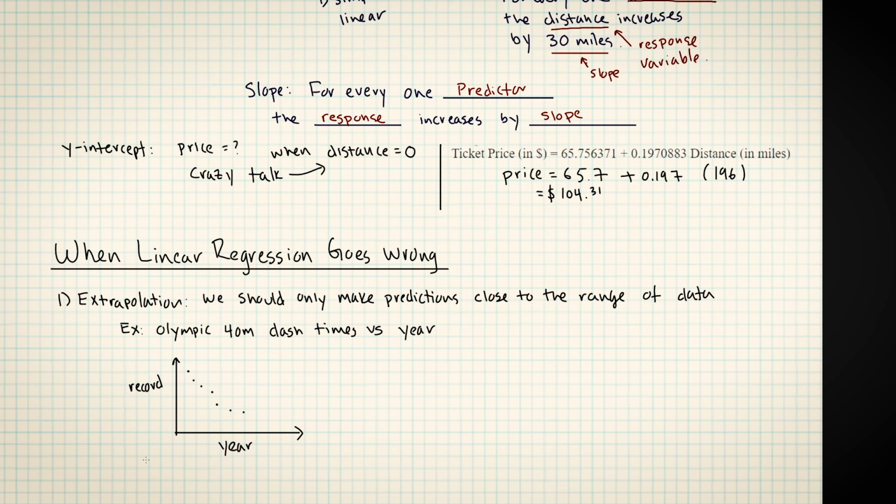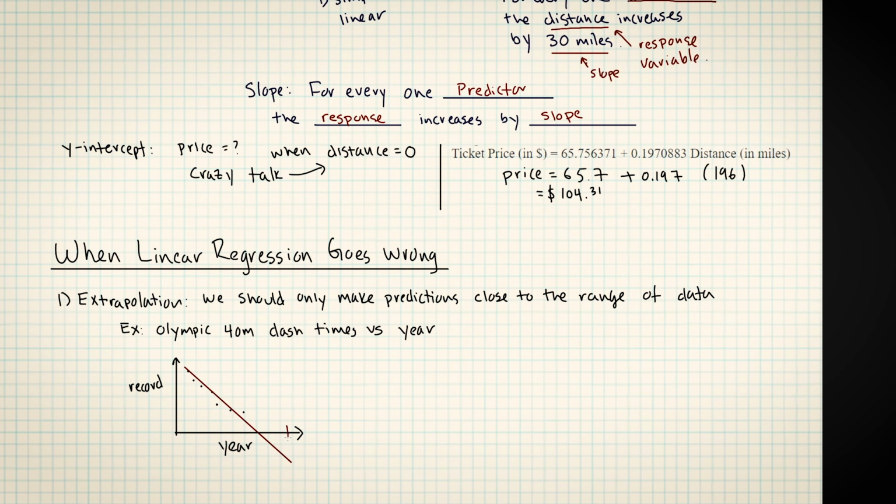Okay, so I've drawn a little scatter plot here of what year it was, and what the Olympic record was in that year. If I draw the line of best fit to this equation, then it ends up down here.